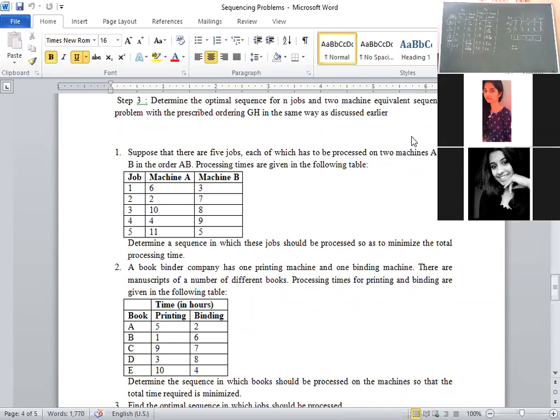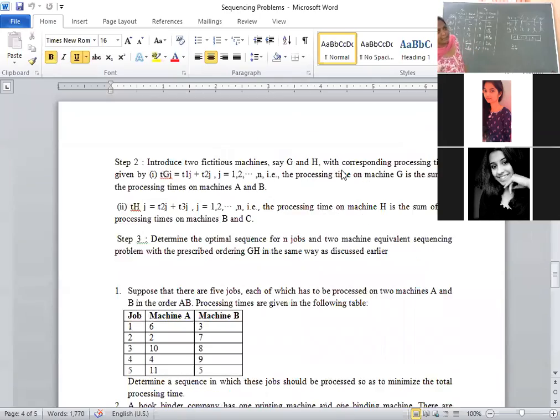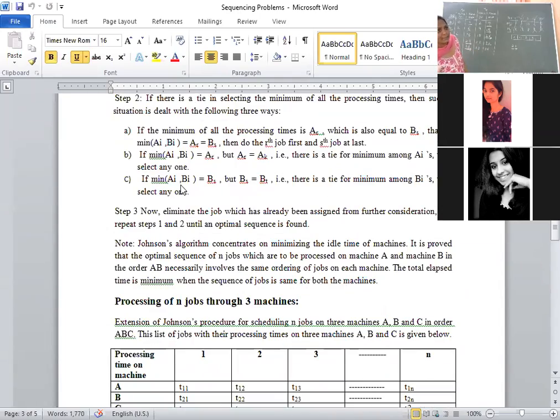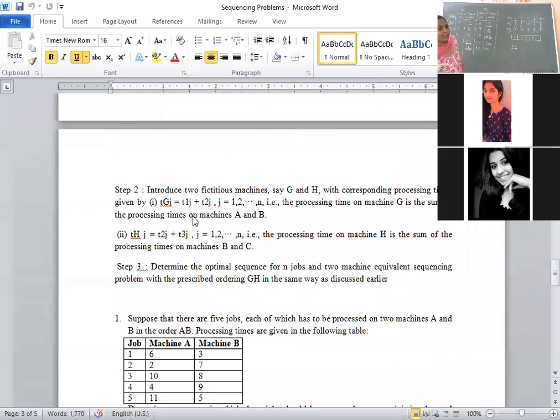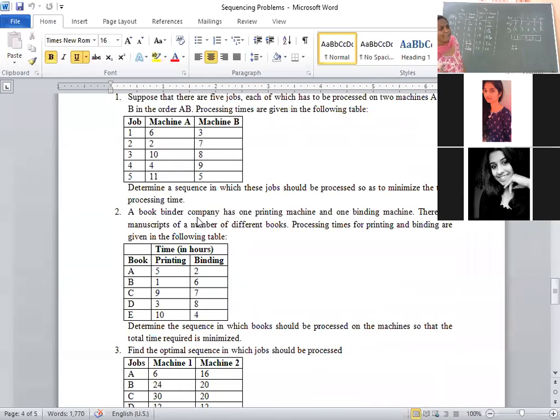Right now, I have given the formulas to calculate the total elapsed time and so on. Have you gone through them? Otherwise, write down here, idle time answers we have to write. Idle time for machine A, write it down, everybody.